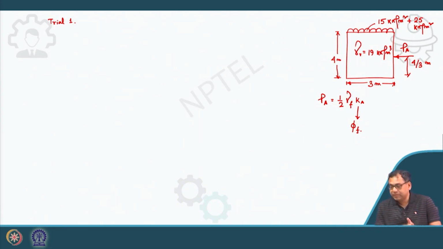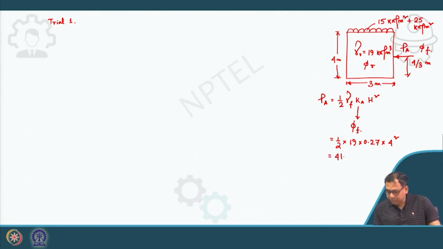Here phi f is equal to phi r, so we can use the same Ka, but remember that if they are different, you have to use phi f, because this is phi f for the fill and this is phi r for the reinforced zone. So this is H square. But here the values are the same, so I can write 19 into 0.27 into 4 square.